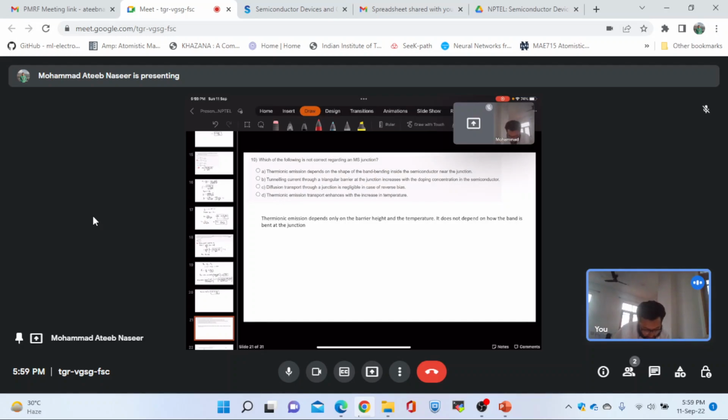And diffusion transport through a junction is negligible in case of reverse bias. This is also correct. The last option says thermionic emission transport is enhanced with increase in temperature, which is the correct statement. So option A is the option that we should go with.